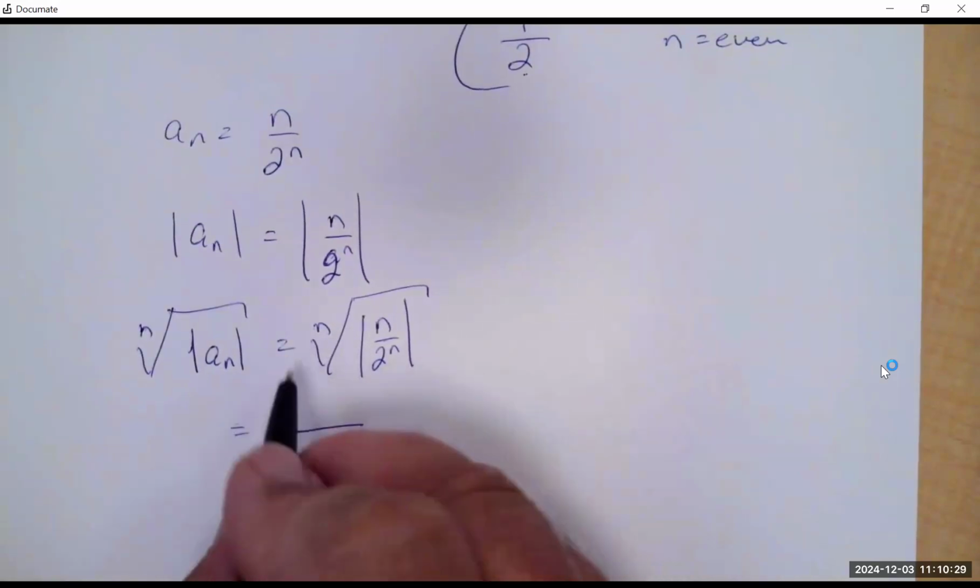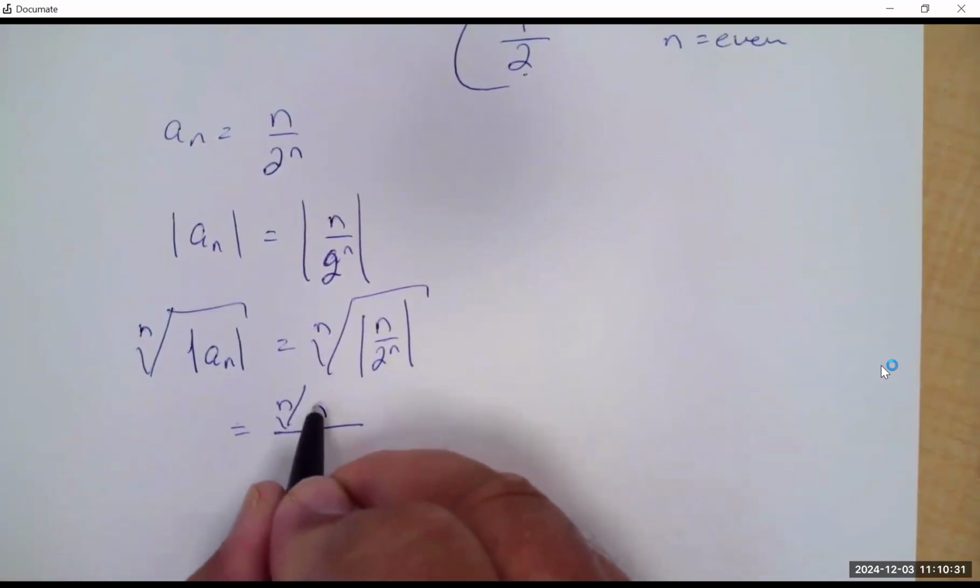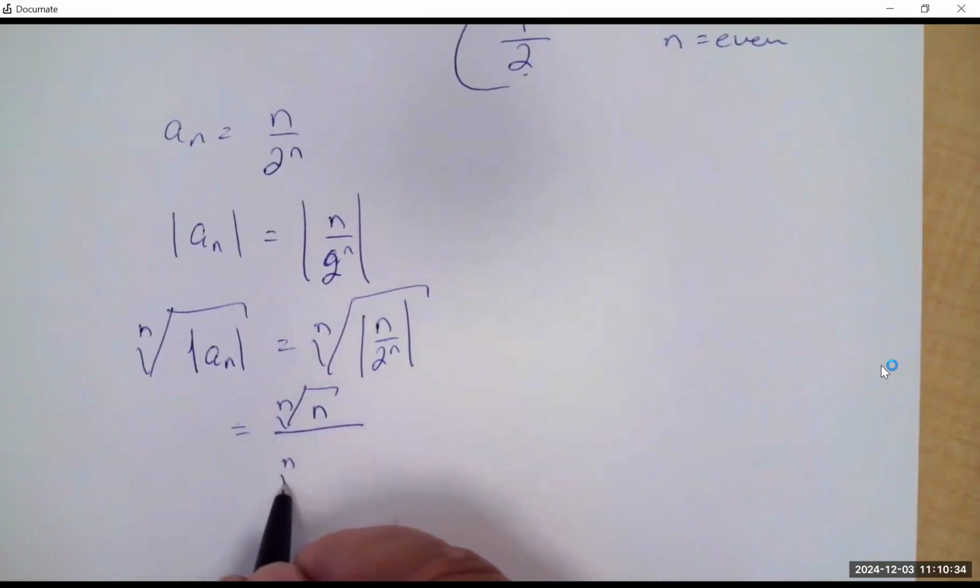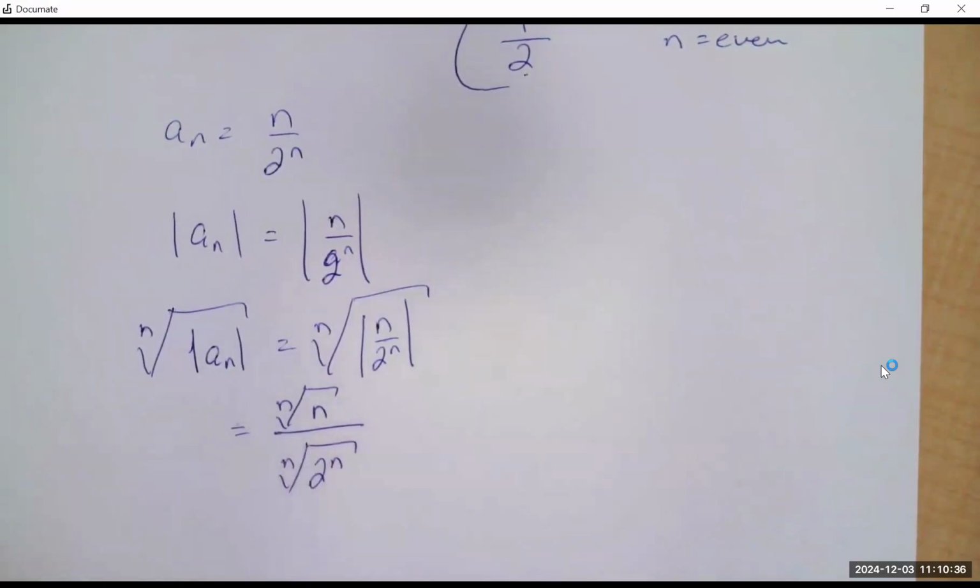It's a quotient, so I can take the nth root of n and the nth root of 2 to the power n.